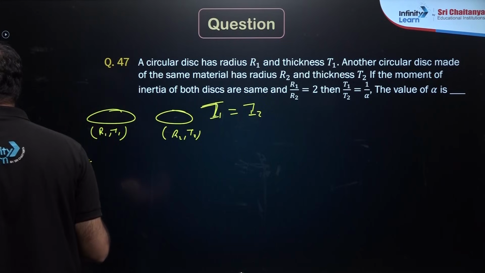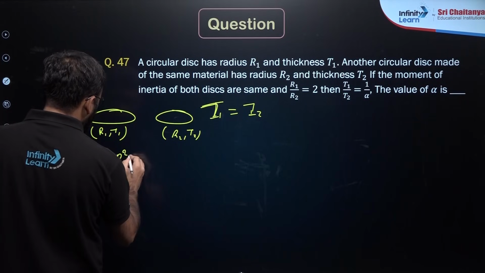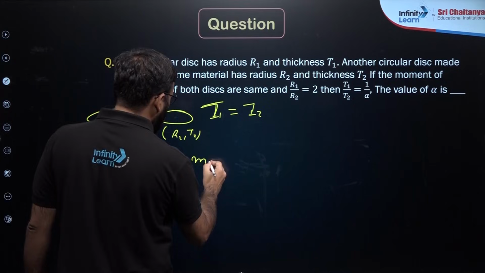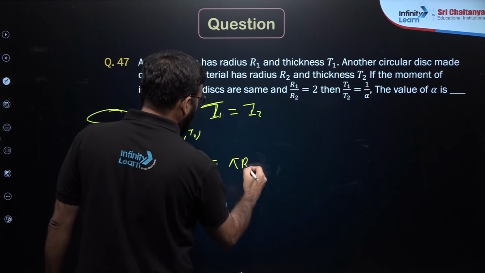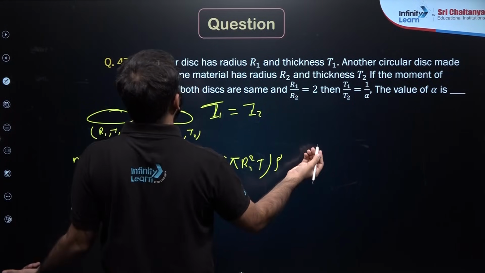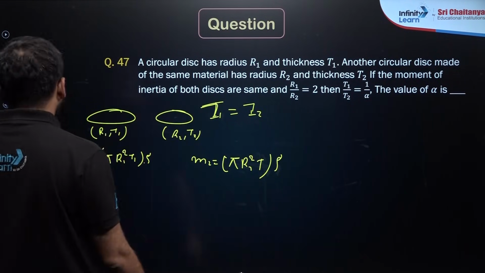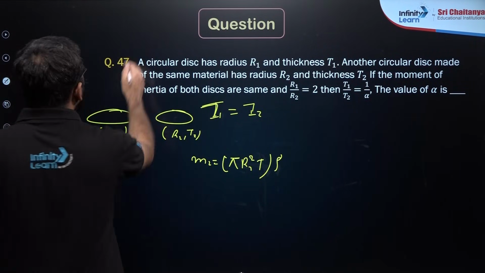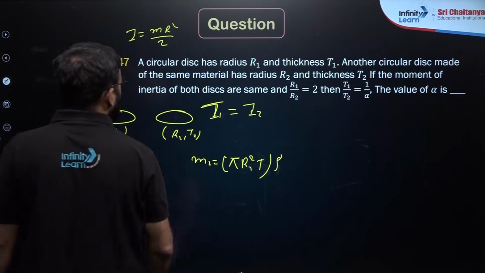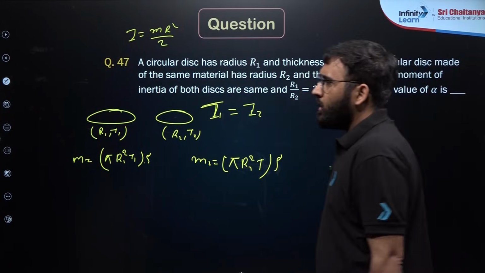So density of this one rho and pi r square into T. And similarly mass of the second one, m2 equals pi r2 square, volume, into its density, same material, so rho. So what is the moment of inertia both have? Beta, I equals mr square by 2. Put these values here and you get the relation between t and r.